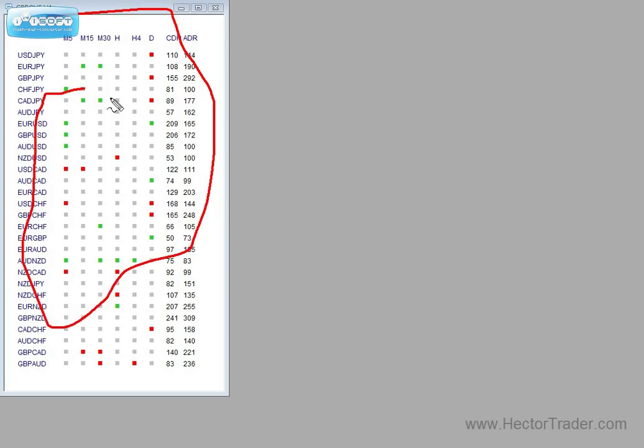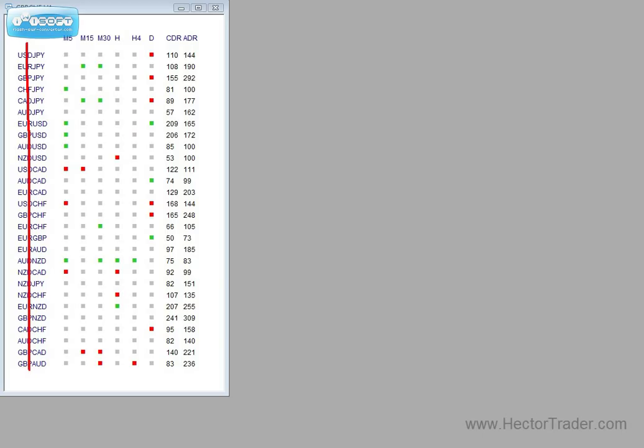Basically, this indicator keeps track of 28 currency crosses in different time frames, and then it automatically reads through all those charts, like I say, in different time frames, and it prints either a gray square, a green square, or a red square, depending on whether that currency cross on that particular time frame is either uptrending, downtrending, or not trending at all.